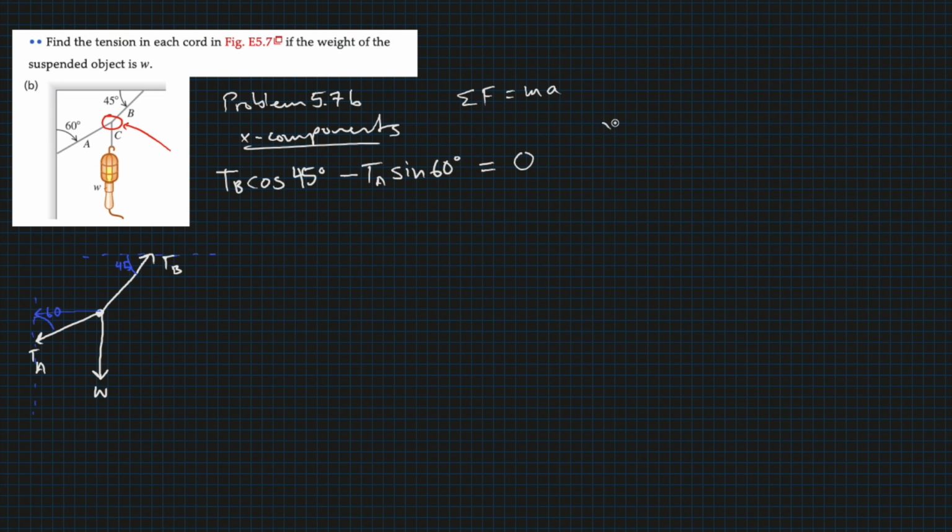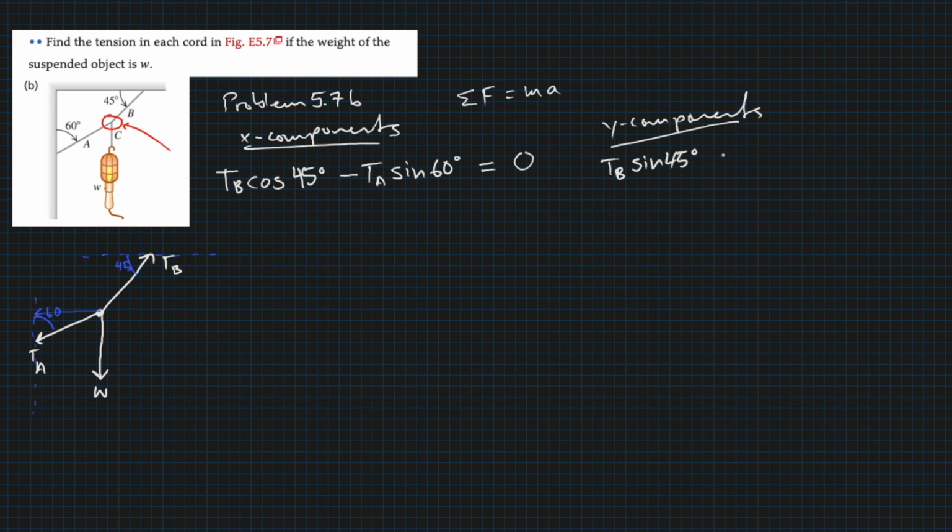Y components I'll do over here. Same deal, same thought process here for tension B. So tension B, isolate the vertical piece of tension B. It's going to be T_B times sine of 45 degrees.